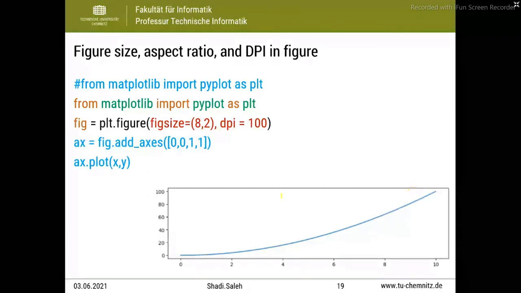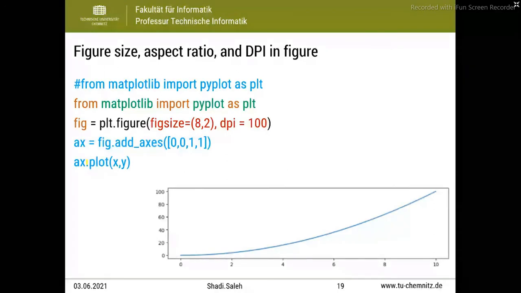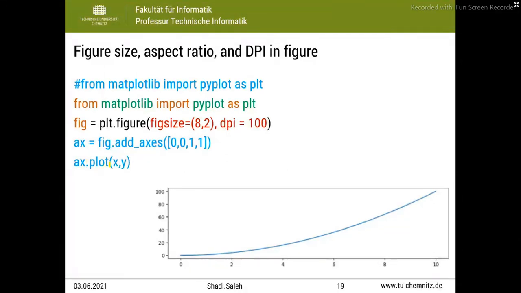That is the figure size. As you can see, you can change the size, and you can change the value of 100 as well, and then plot it with the same procedure. But the main point here was the value of figure size and the DPI. The DPI is dots per inch, which determines how many pixels the figure comprises.